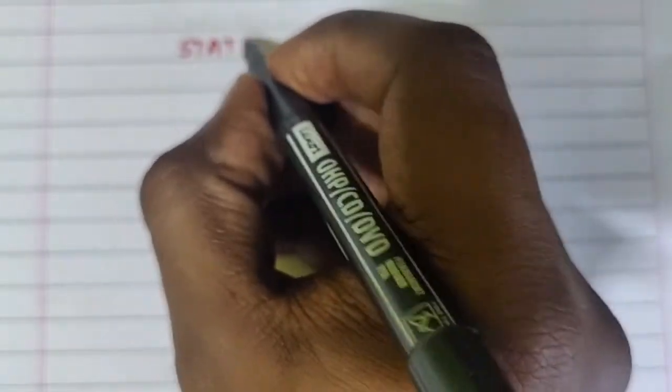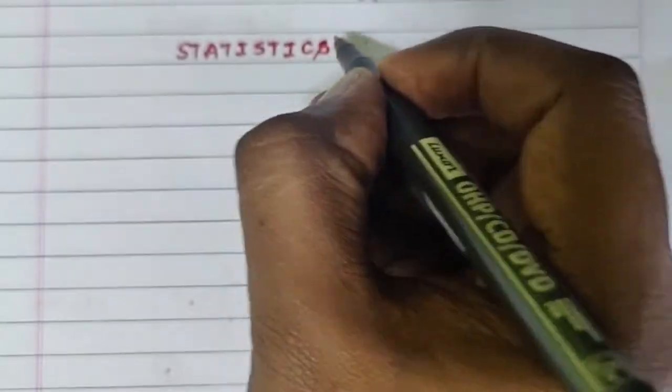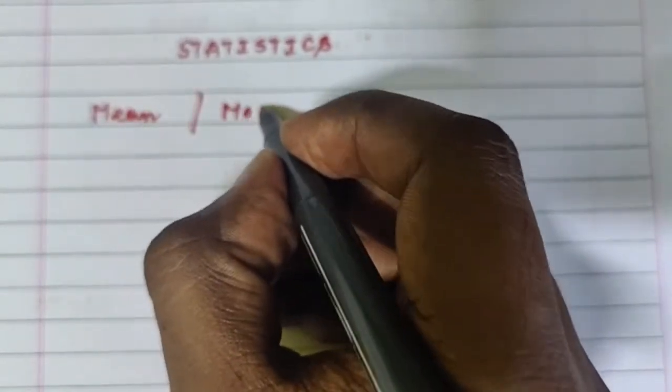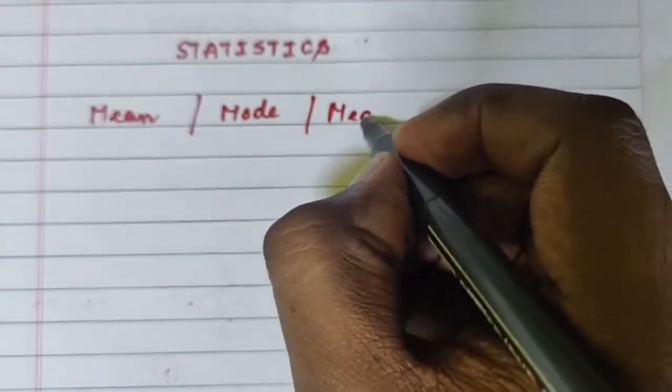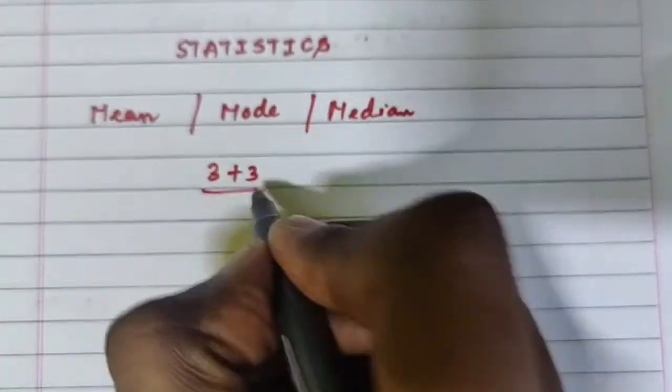Next chapter will be statistics. From the unit statistics, mean or mode or median, how many questions? 3 plus 3, 2 questions will be there.